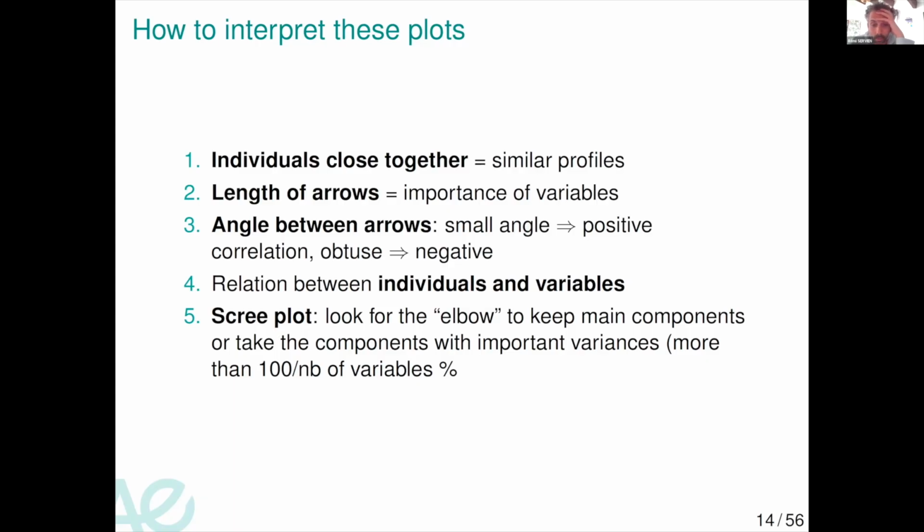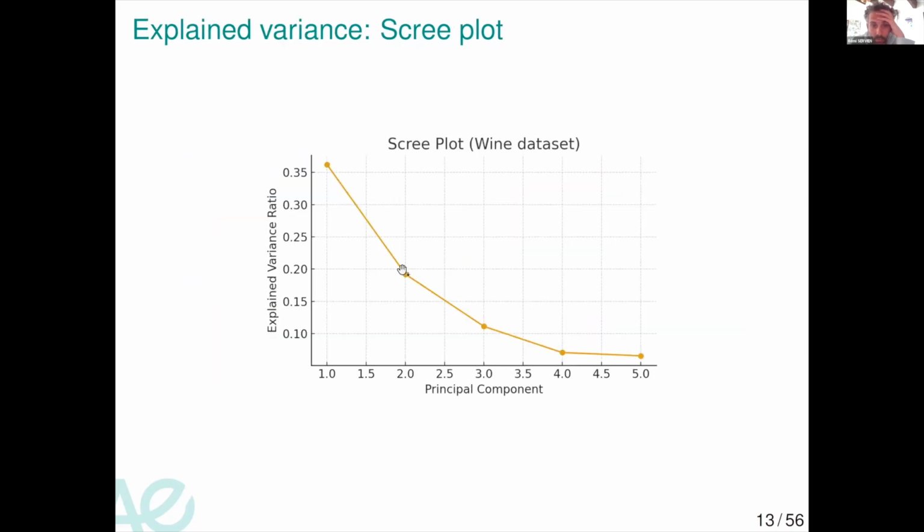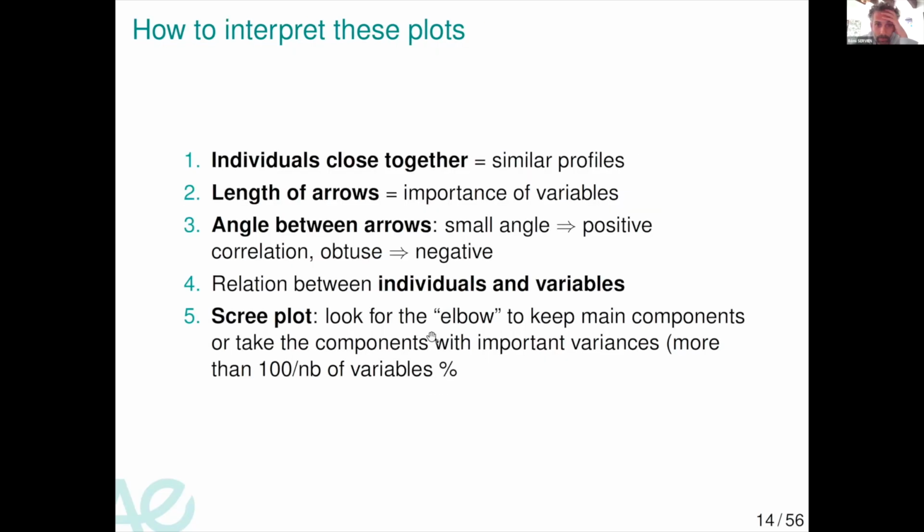So by random, each variable should explain 100 over 13, so maybe 8% of the variance. So here you could choose all the principal components that are above 8%. That gives us three components also.